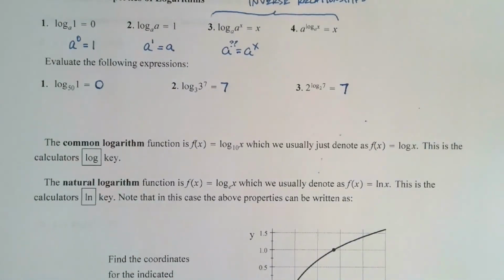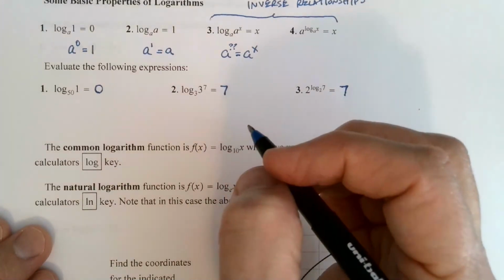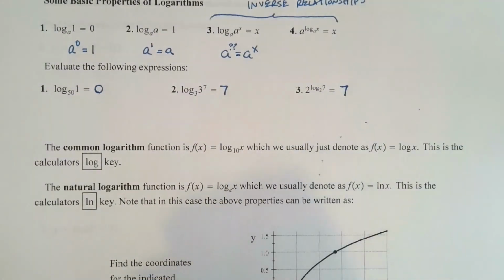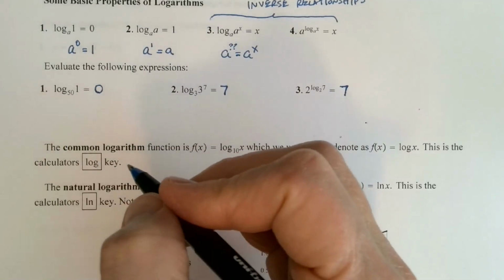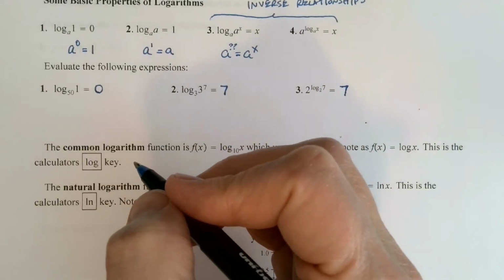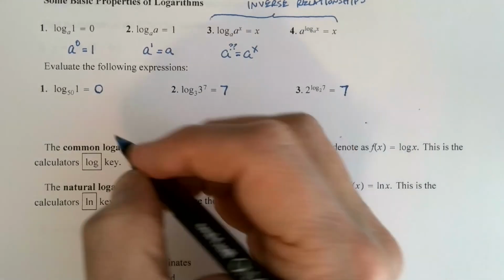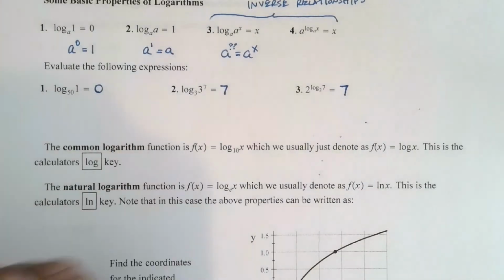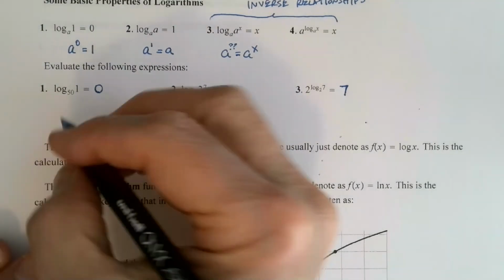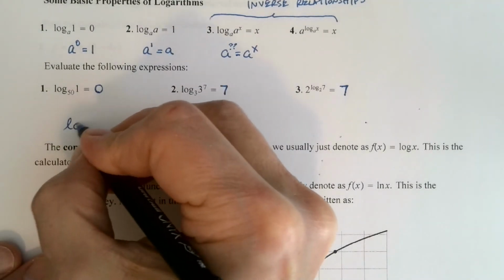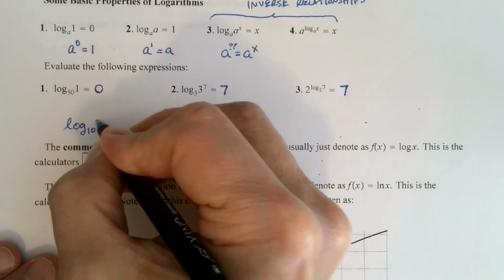Now, if I wanted to find logarithms of values, like say I wanted to find log base 10 of 71. Right? Well, let's think about log base 10 of 71.